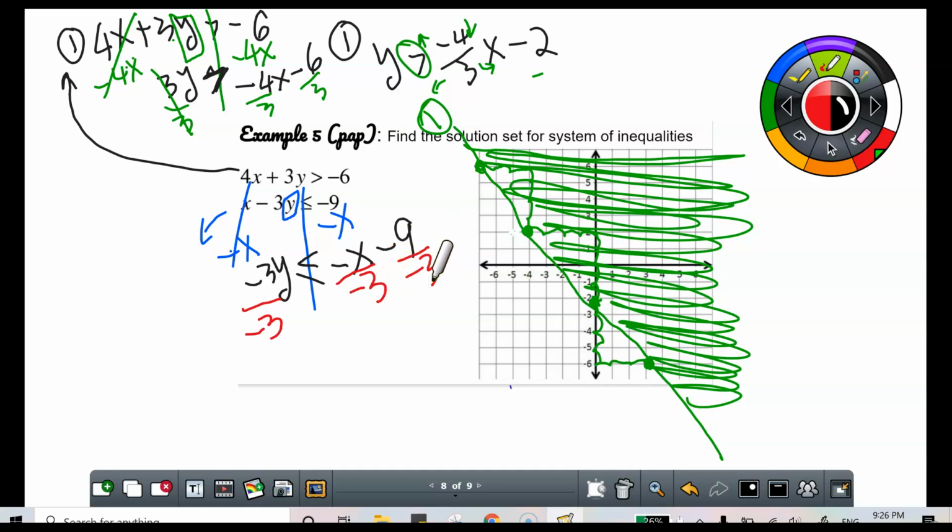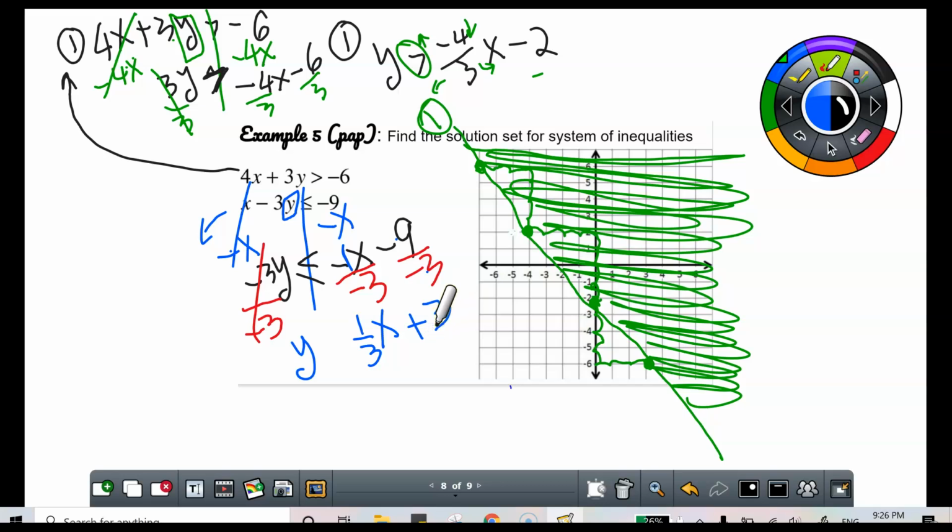Until here, we should have no problem. Okay? So I have y on the other side. We have negative, it's become positive, right? So it's positive 1 over 3x. Negative 9 divided by negative 3 is positive 3.